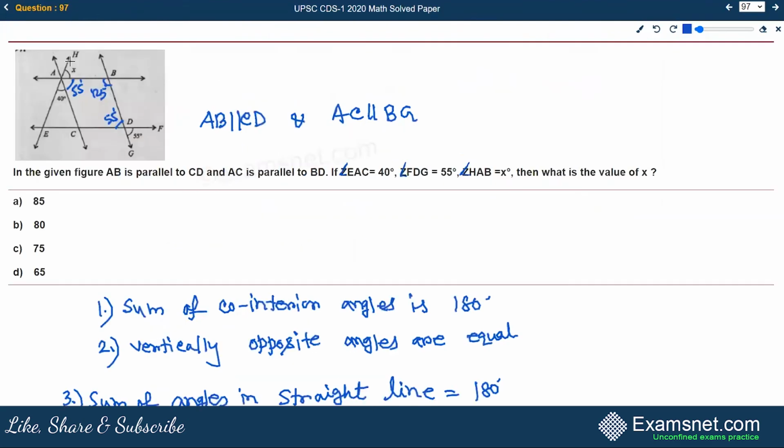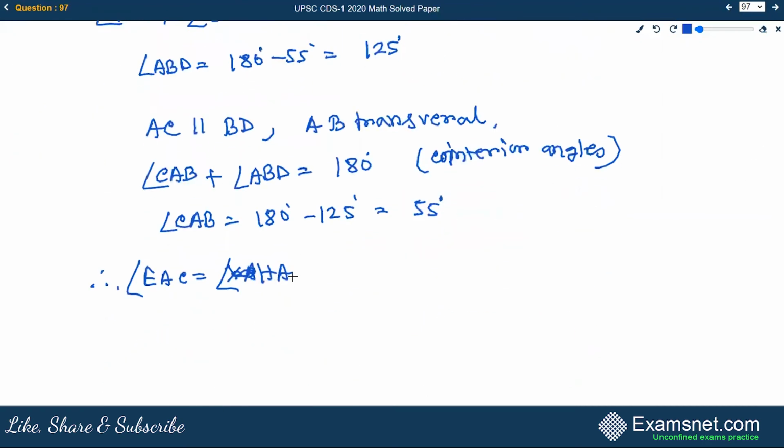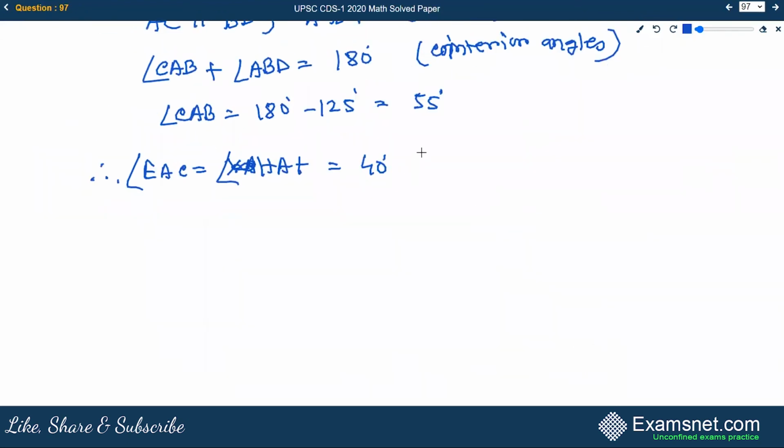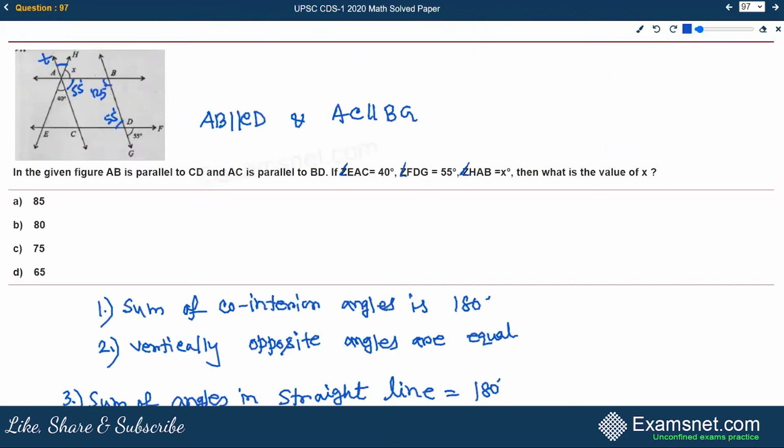I mean this one, if I name it T, HAT. So we can name it 40 degrees because they are vertically opposite. These two angles are vertically opposite, so this is also 40 degrees.